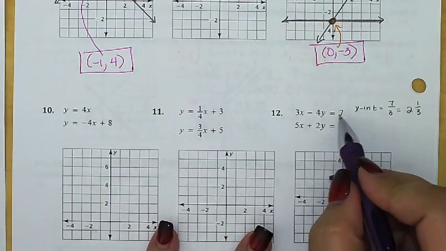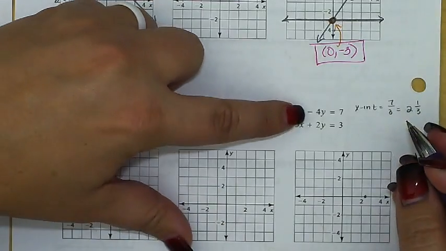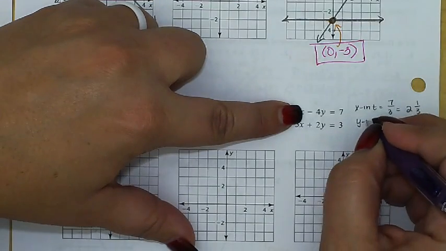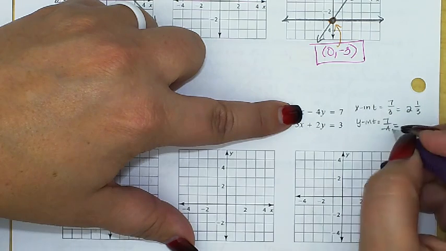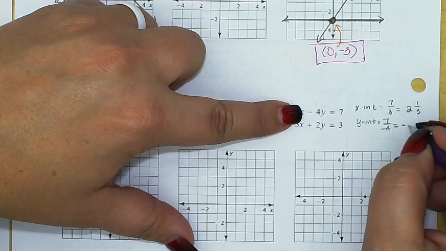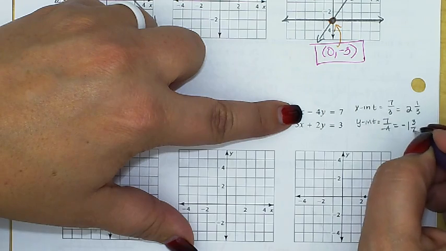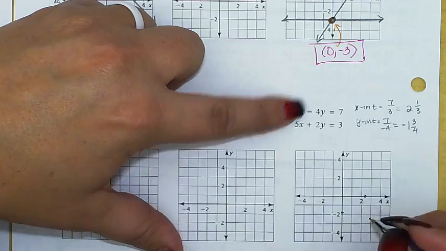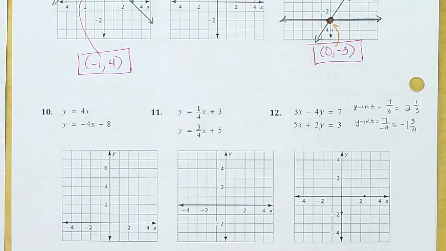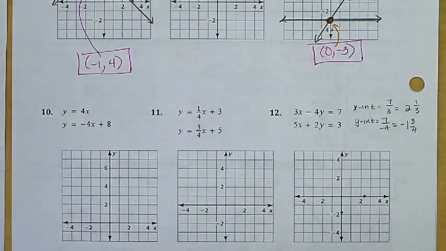Okay, and then for the y-intercept, that's going to be at 7 over negative 4, and that's going to come out to a negative 1 3/4. So just make sure you're pretty good about where you think that's going to land right there, and then you can make your line.